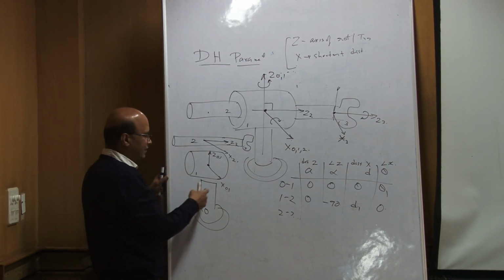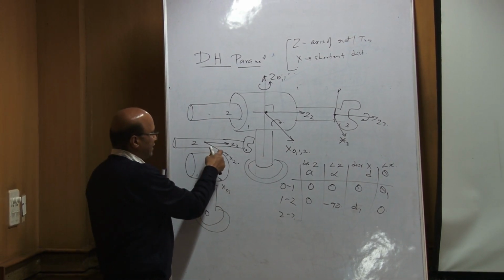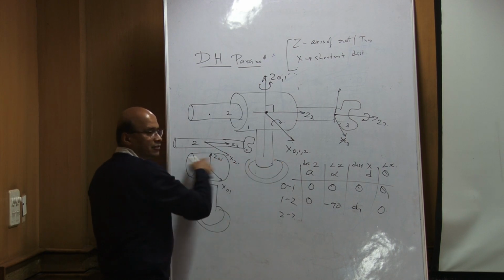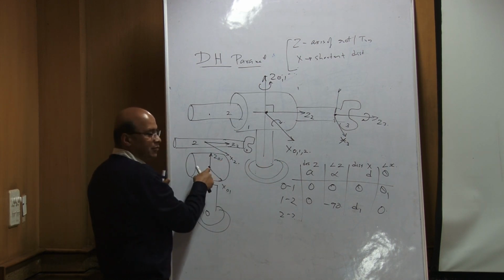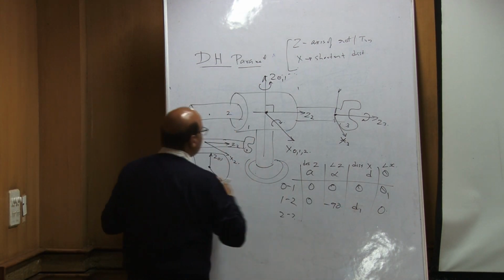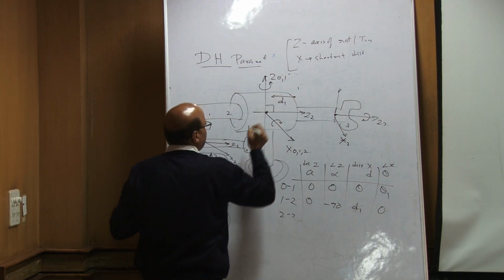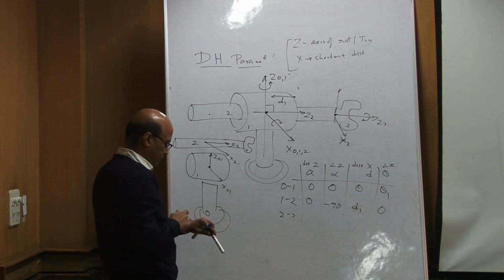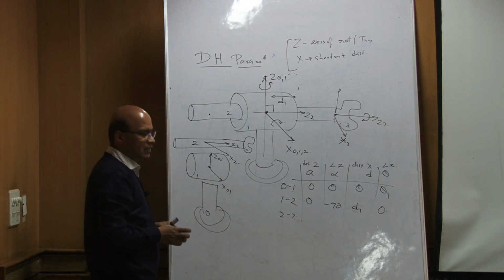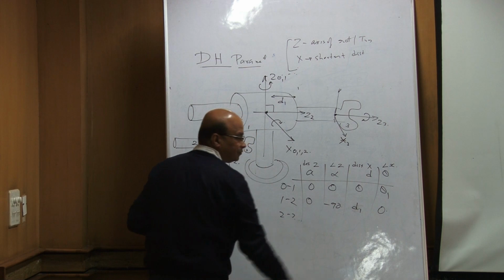And when this fellow goes this side or this side, that is the variable distance here, which is my d1. So in a translating joint, the variable distance is d1. There is no angle there, so it is 0.